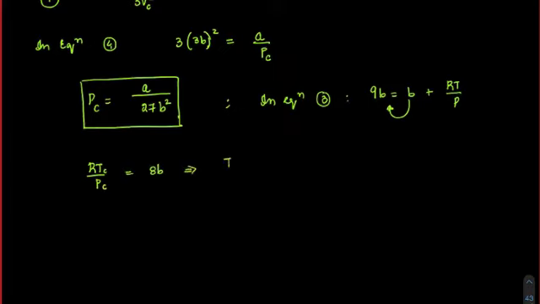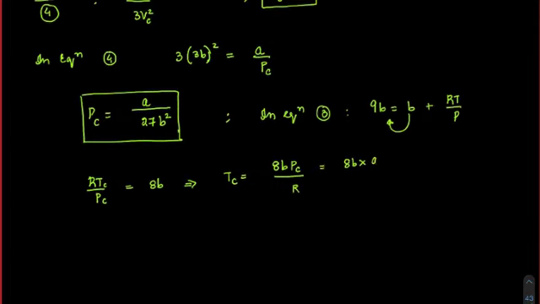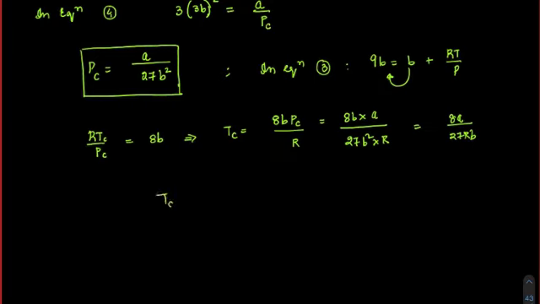This implies TC is equal to 8B into PC divided by R. 8B times PC, we just got as A by 27 B square into R. So one B will get cancelled, I will have 8A by 27 RB. Therefore TC will be equal to 8A by 27 R into B.